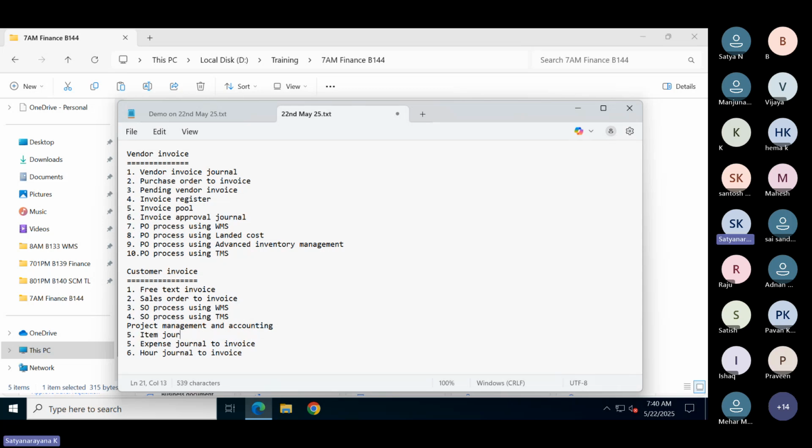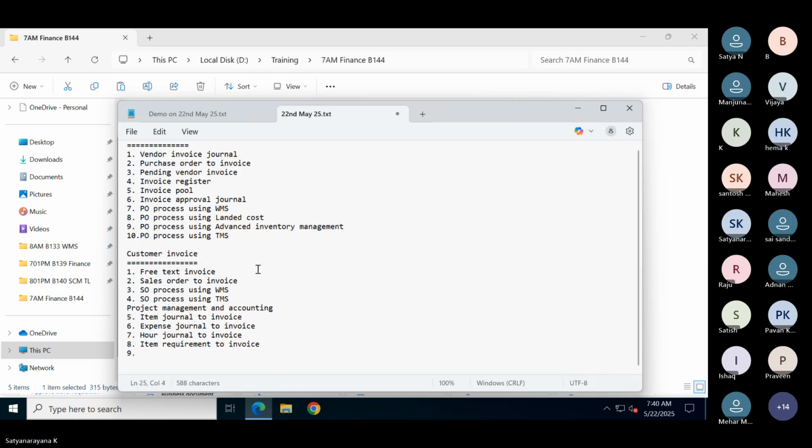Item journal to invoice. Next, item requirement to invoice.